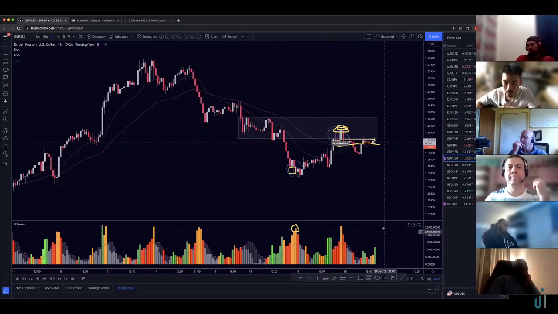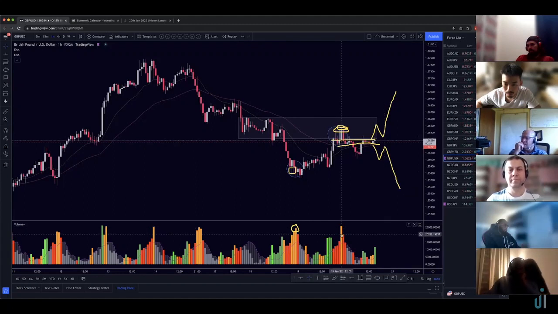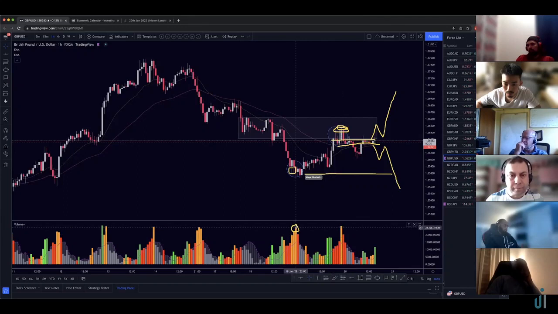So I think it can either go that way or this way. So I think if we see a failure to one side, then one can lean more towards the other side and go towards these areas. Maybe this area up here.